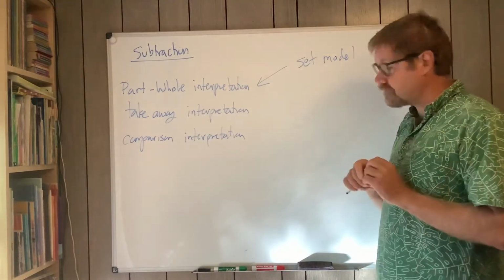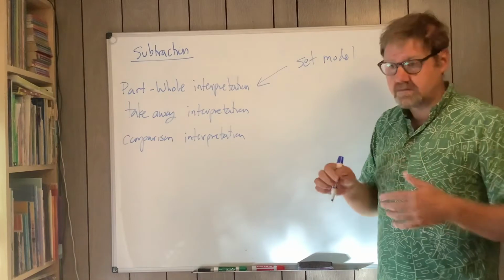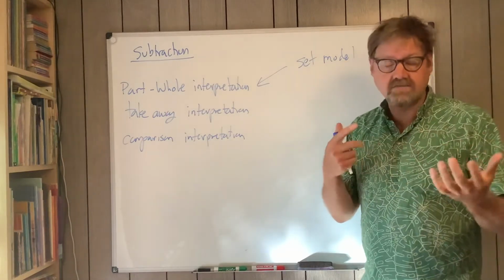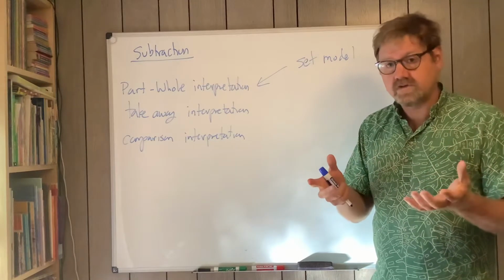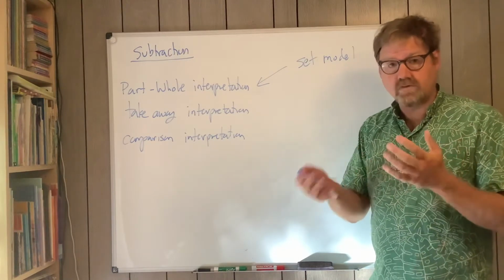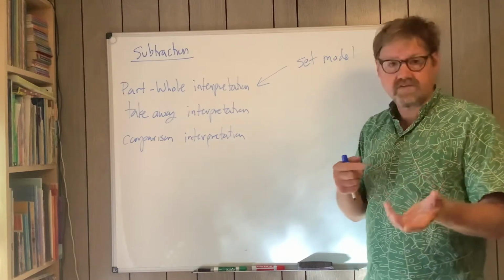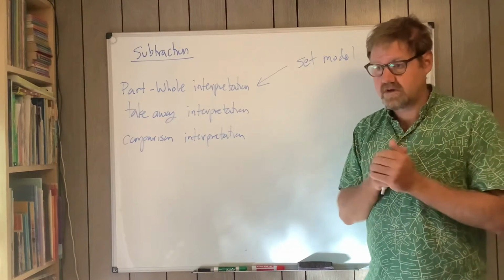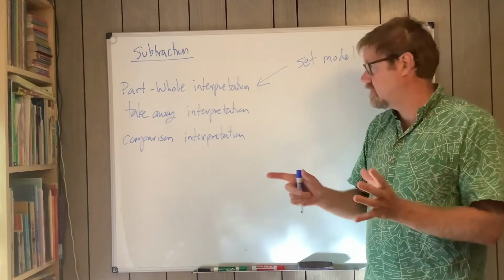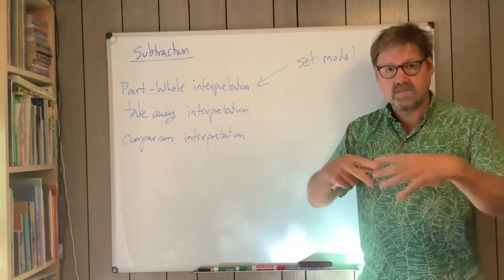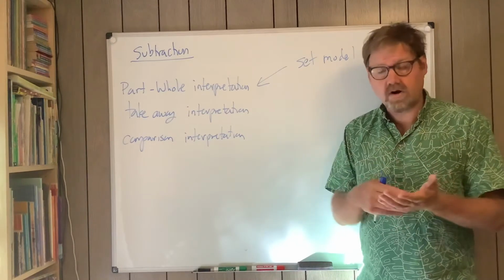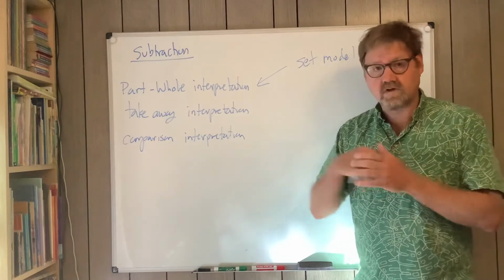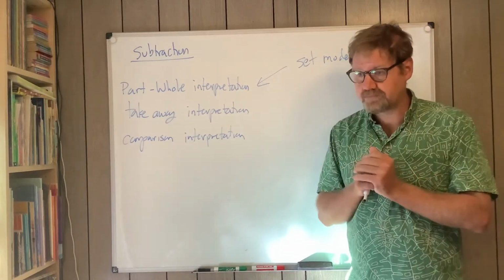So a set model might be: if I have, say, 12 pieces of fruit that are apples and oranges, 7 of them are apples, how many of them are oranges, right? So you know the whole, that would be basically the minuend, and you know part, that's the subtrahend, then the difference would also be the remaining part of it.